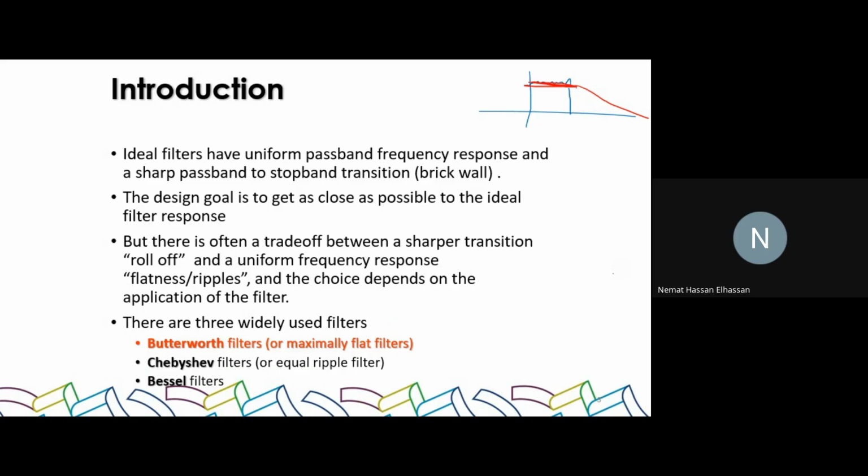So it's a trade-off between, do you want minimum fluctuation in gain, or do you want sharper roll-off transition? Clear? And it's a trade-off. If you get this, this will be a little bit messed up. If you get the gain, the roll-off will be longer. If you get a sharp roll-off, the gain will be fluctuating. Clear? Generally, there are 3 widely used filters when it comes to design.